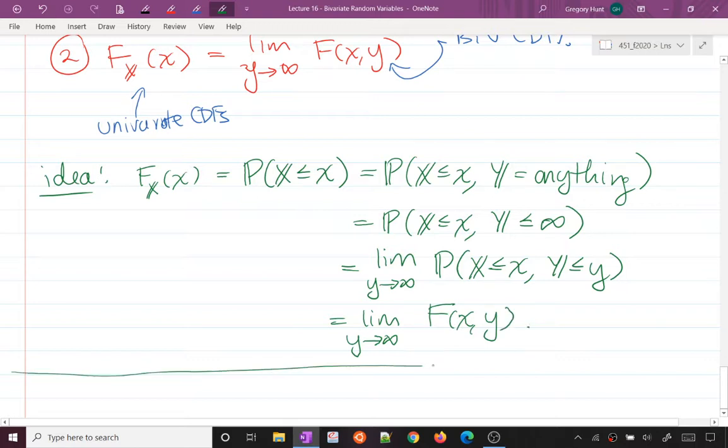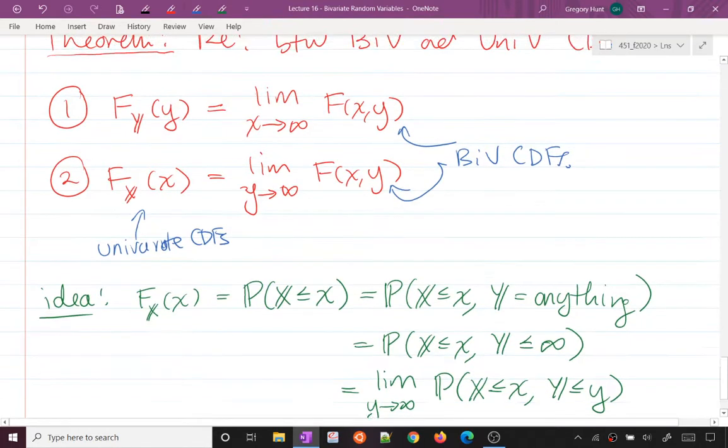So not the most formal proof in the world, but the general idea of how you would show it is that I can send y to infinity, and it gets rid of that effect, and I'm just left with the CDF of x. So that's a useful fact to know: if I take the limit at infinity of x, I get the CDF of y, or of y, I get the CDF of x. Okay.